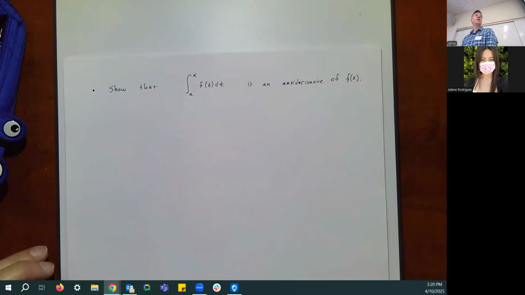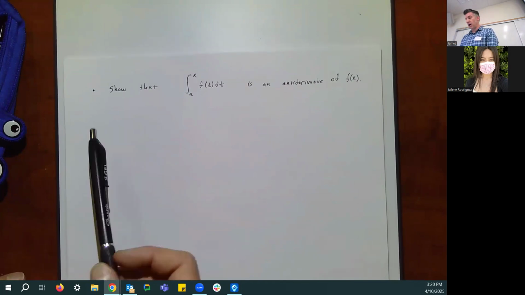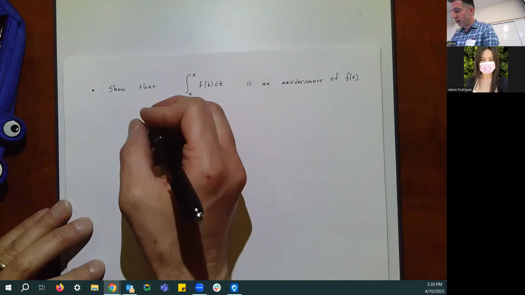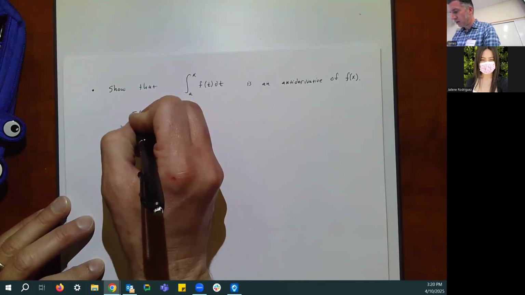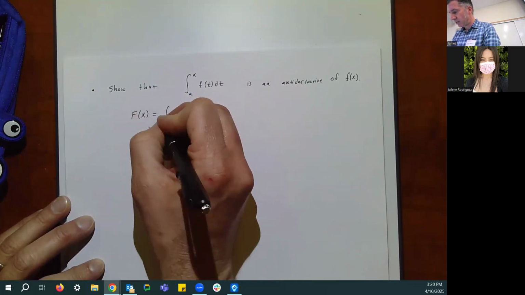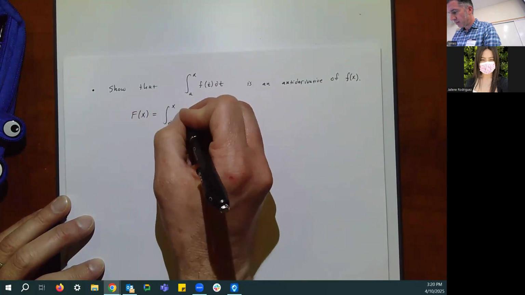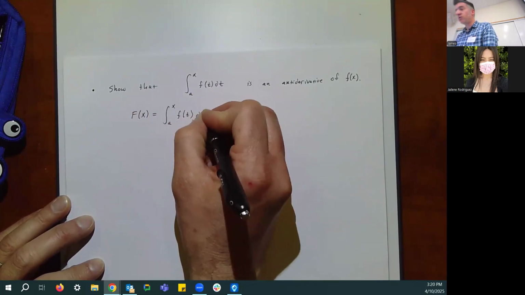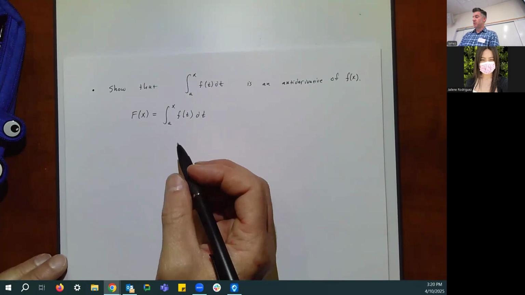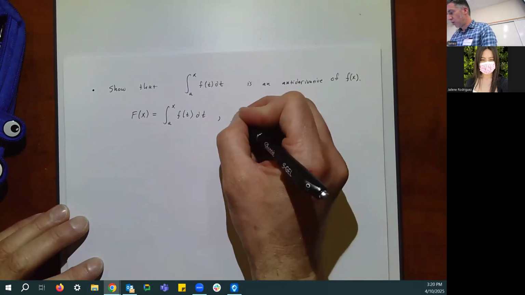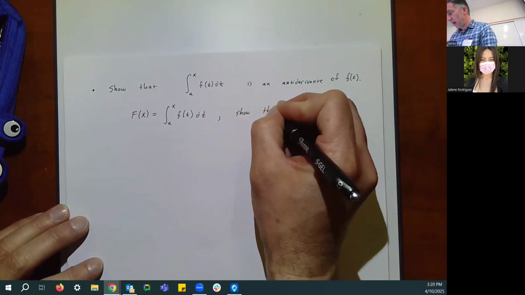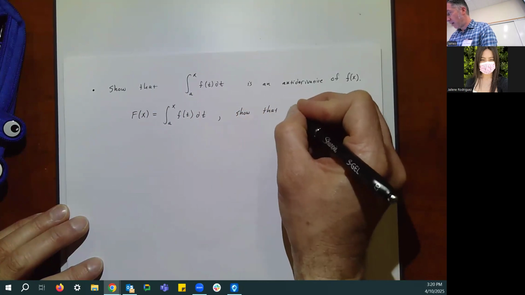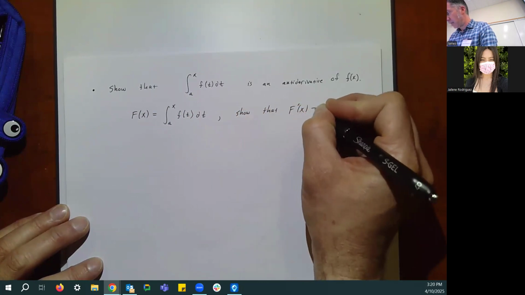But there's another way of saying that, right? Instead of saying it that way, what we're really going to say is we're going to show that if we call this thing capital F of x, the way you show something is an antiderivative of something else is we want to show that the derivative of capital F is equal to little f.